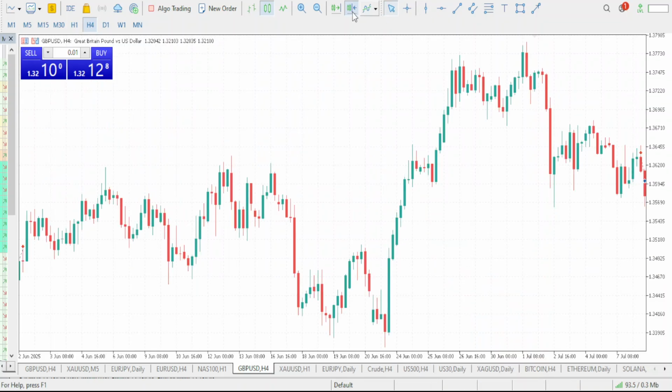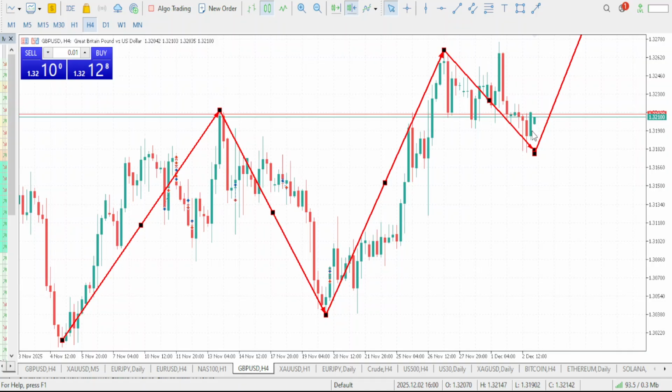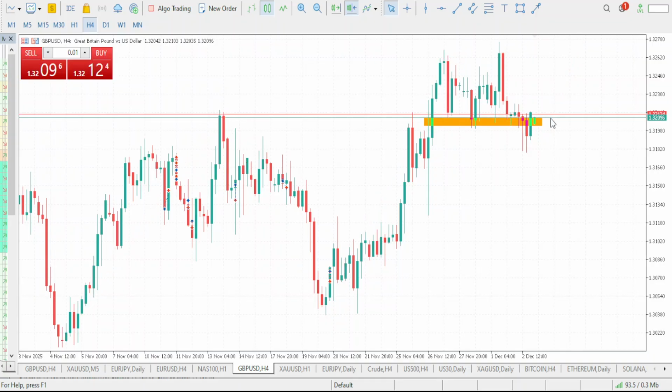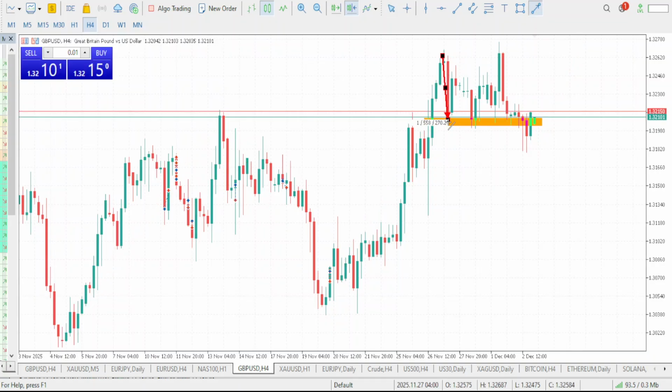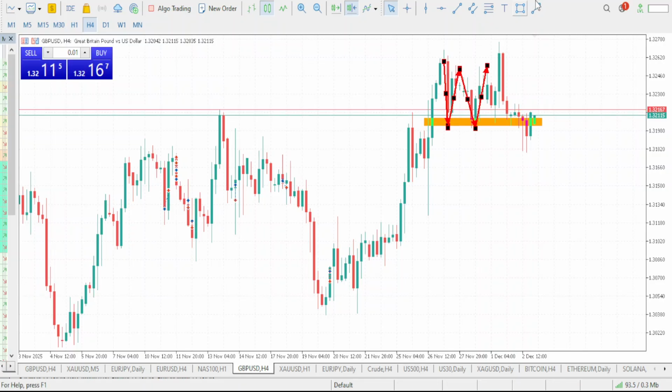For day traders, if you zoom in properly, you will see multiple rejections at this level, which you might take as your support level. When the market came here, it dropped, it pushed up, we had a rejection. The market eventually came back to retest it, rejected and pushed up.